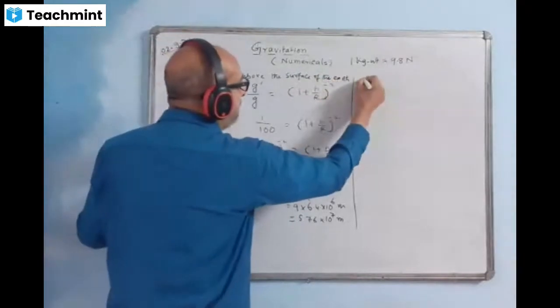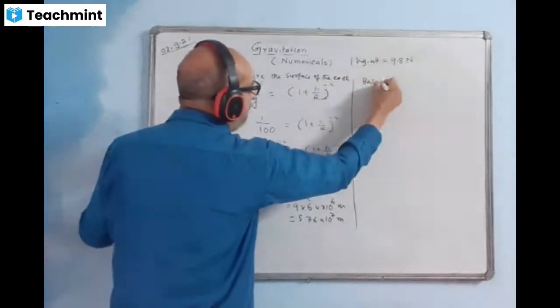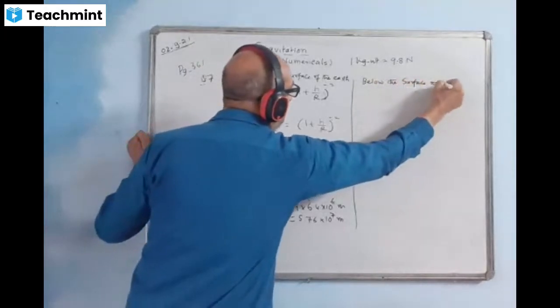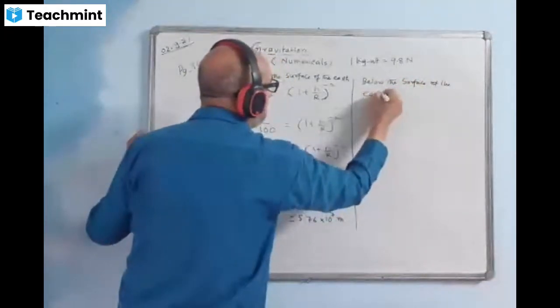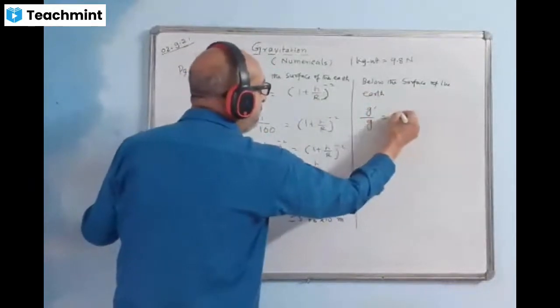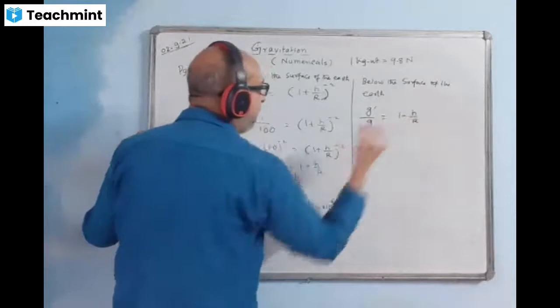Second case, below the surface of the Earth. That time the formula will be g dash by g is equal to 1 minus h by r. This is the formula.